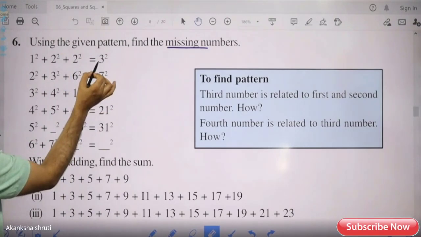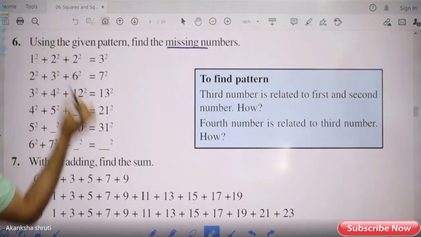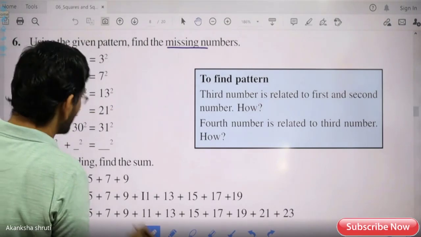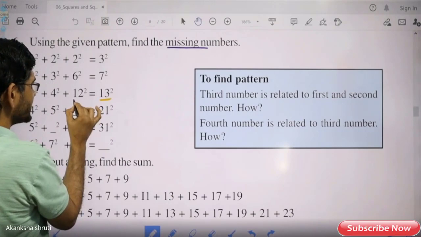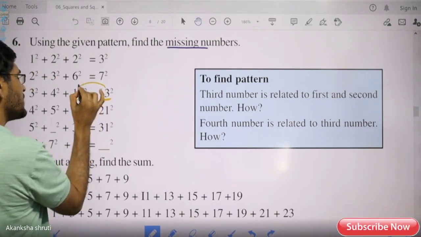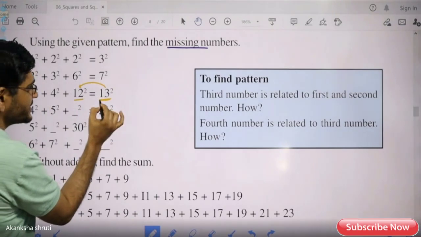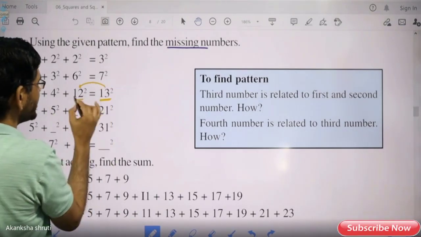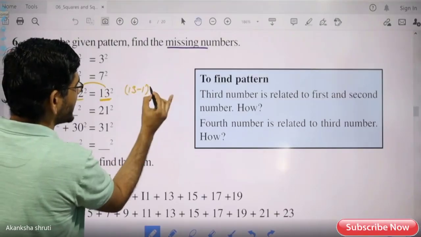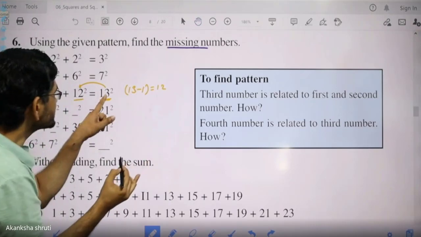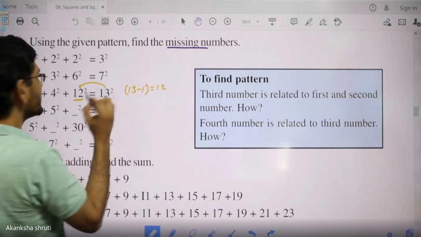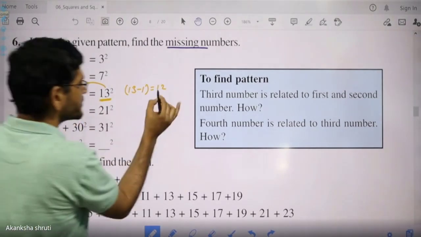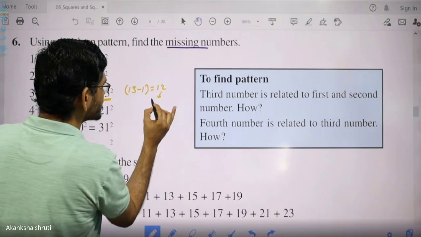What relation can be considered from the first, second and third? This is the 13. From this 13, this 12 is written. How are we getting this 12? From this 13 we have subtracted 1. So 13 minus 1 we have written as 12. Then this is 3 and 4. Then this 12 is the product of 3 and 4.